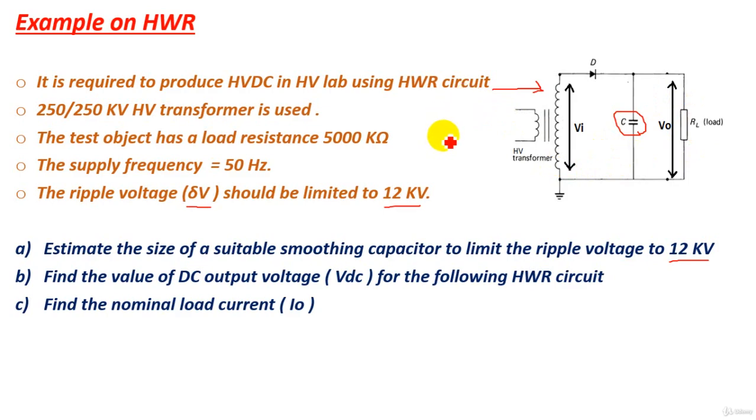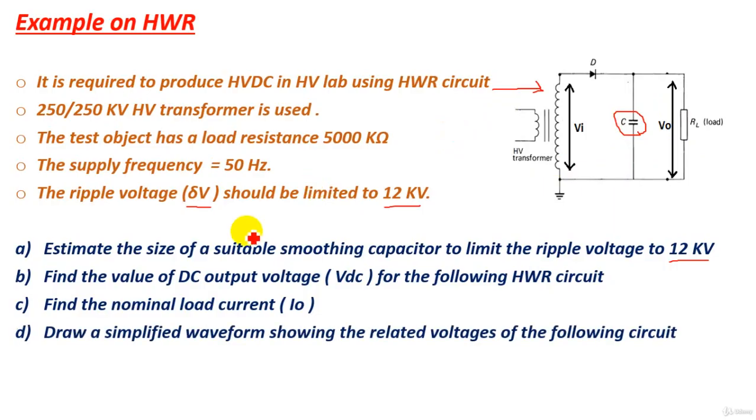But we deal with practical insulator, so the current will be very, very small in range of milliampere and sometimes in range of microamperes. After that, draw a simplified waveform showing the related voltages of the following circuit. We will draw a simplified waveform to show on it the voltages that we obtained from the circuit.